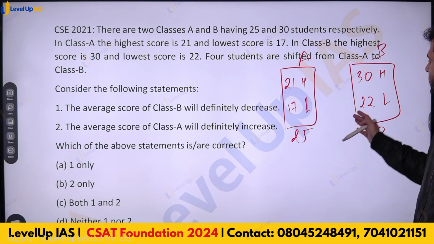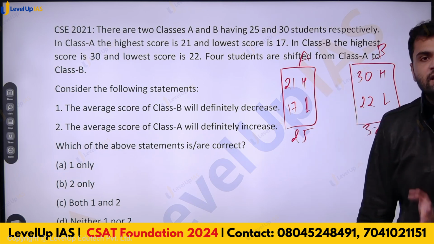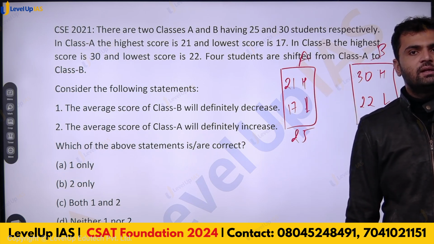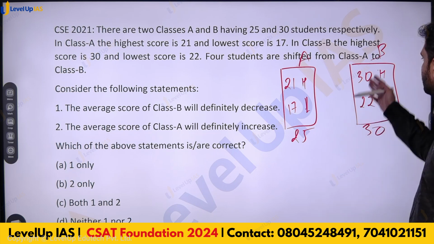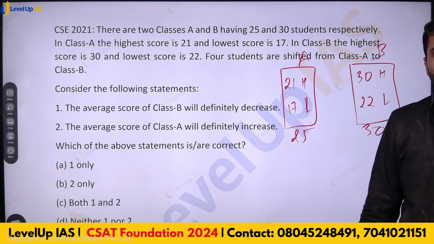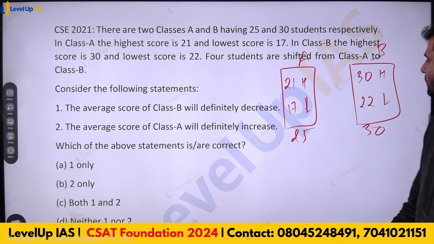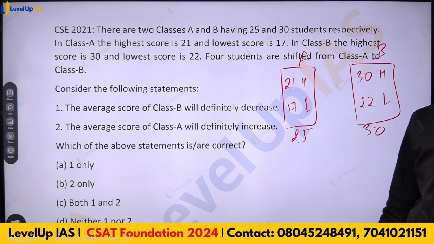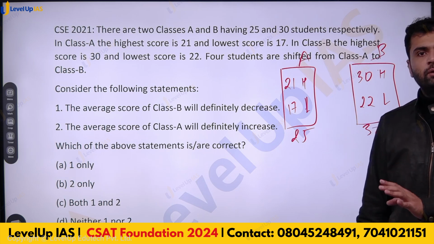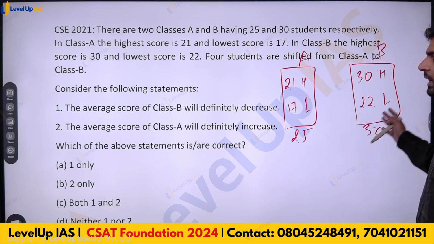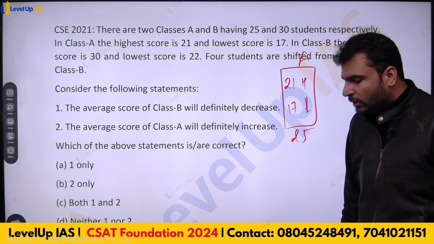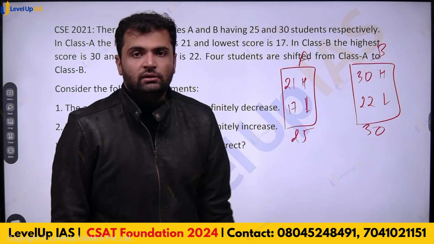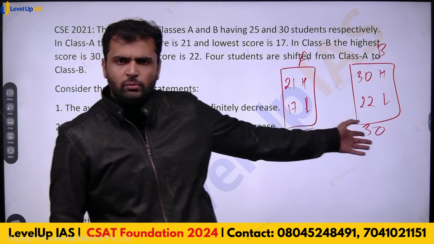So we are shifting 4 people with lower marks to class B, and all of them will try to bring down the average. The average score of class B will automatically reduce.